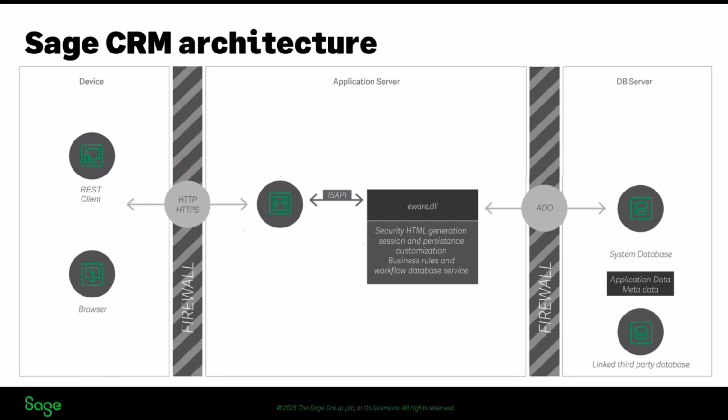What we've got here is a diagram representing that at its heart, Sage CRM is driven by the EWARE-DLL, which is what's called an IS-API extension. Now we know that Sage CRM is a web application, so your users are using CRM in a browser, making HTTP requests to an endpoint, and that endpoint is the EWARE-DLL.